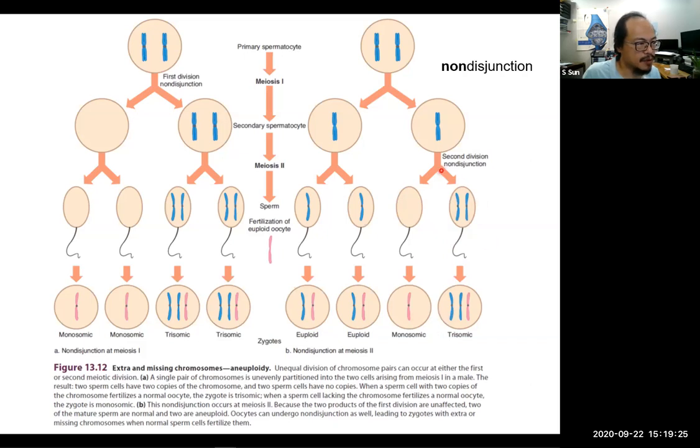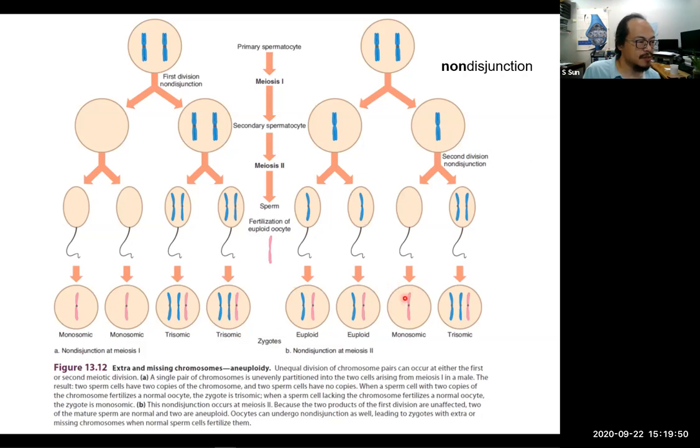In the end, we are supposed to separate the sister chromatids, but turns out they all come into here. The other one gets none, and then we will have a missing chromosome, basically.